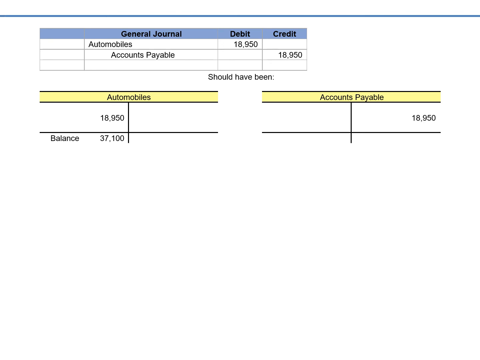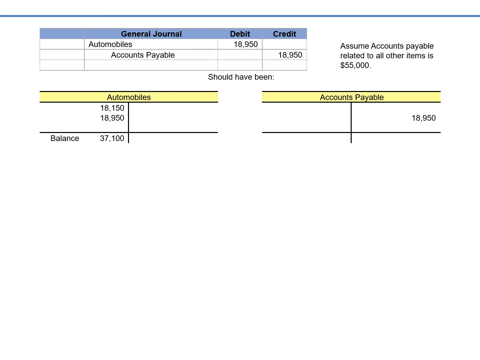Our accounts payable credit goes to the right side of accounts payable because that's where credits go, right? And if we know that our ending balance is $37,100 in our automobiles account, and we have a correctly journalized debit of $18,950, that means our beginning balance is $18,150, right? You just back into that, $37,100 minus $18,950.